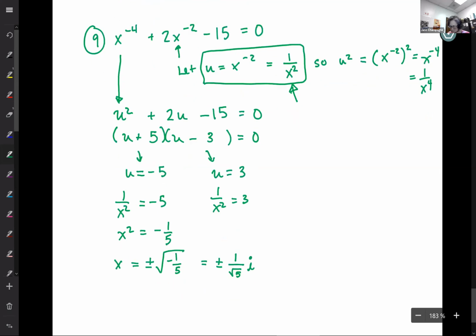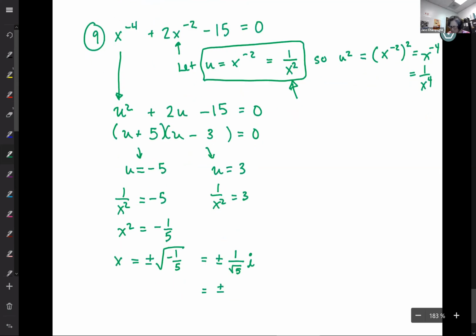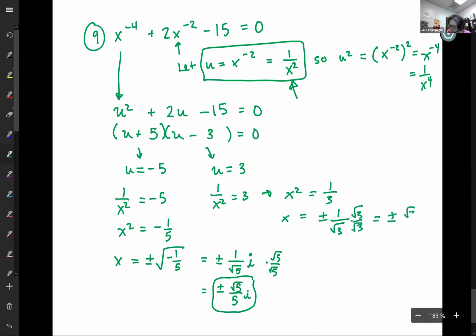Or if you rationalize the denominator, plus or minus root 5 over 5. Right? Because if you multiply top and bottom by root 5, you get the root 5 on the top and 5 on the bottom. And then here, x squared would be 1 over 3. So x is plus or minus the square root of 1 over 3, and rationalizing the denominator you get plus or minus root 3 over 3.